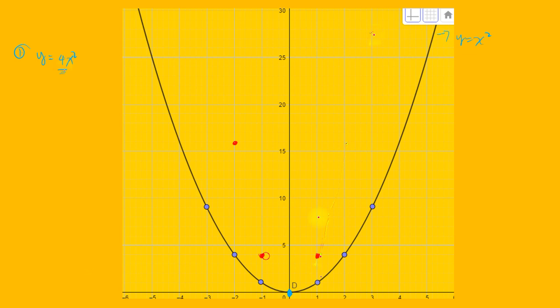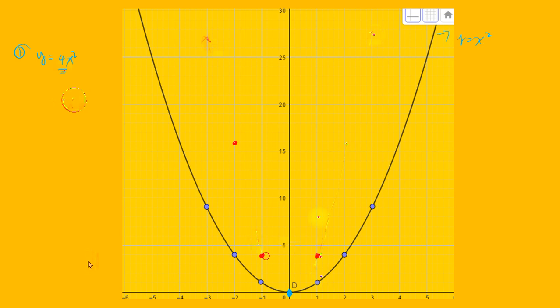So meaning each point will be multiplied by 7. So 1 times 7 will become 7. So this one will become 7 there. Then we have, of course, the same origin.